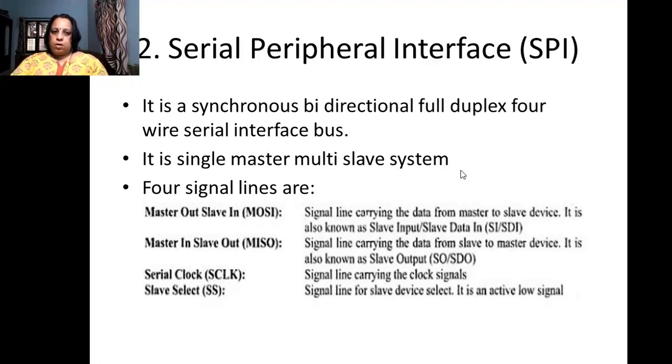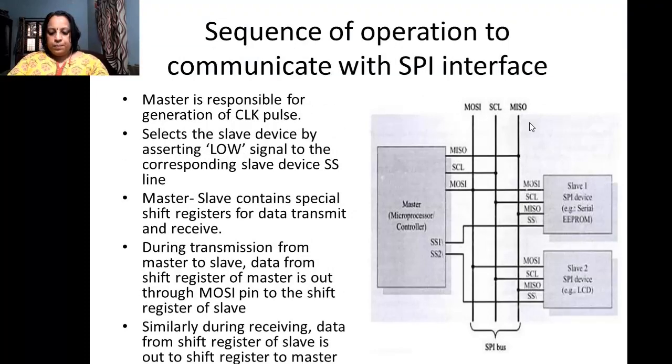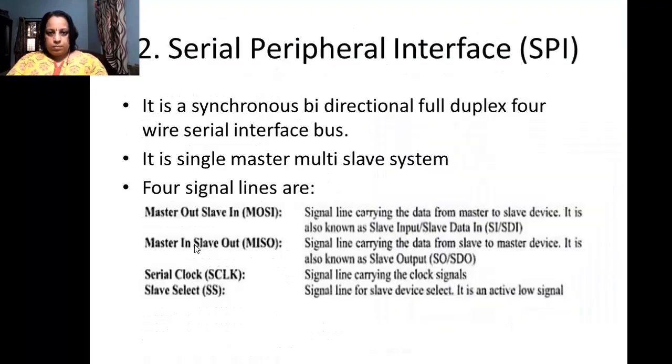So how does it occur, or what makes it possible? In the previous I square C we had only 2 wires, whereas here you can see that there are 4 wires for the data transfer. Okay. The 4 signal lines are as follows.